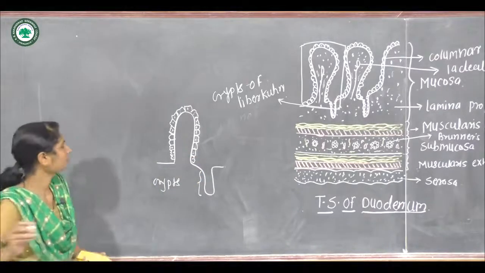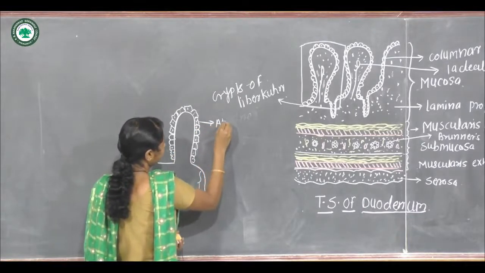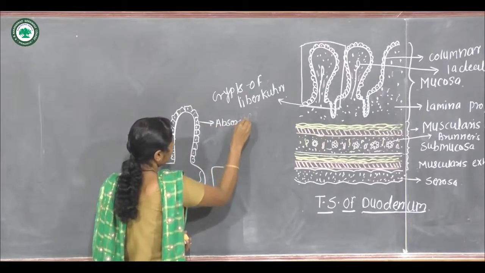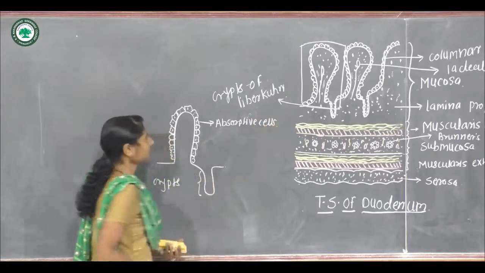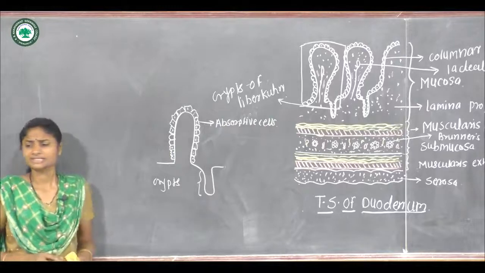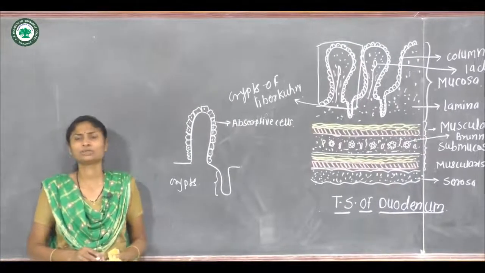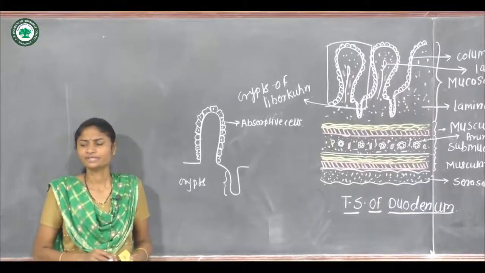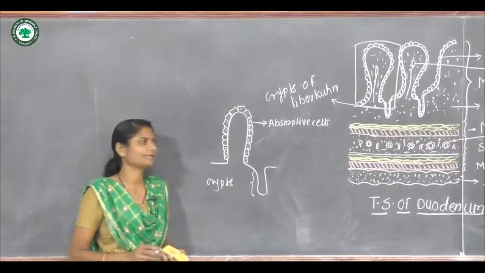In the villus part, these absorptive cells are columnar cells with striated free brush border or microvilli.